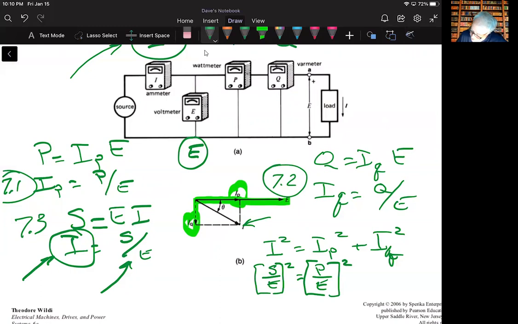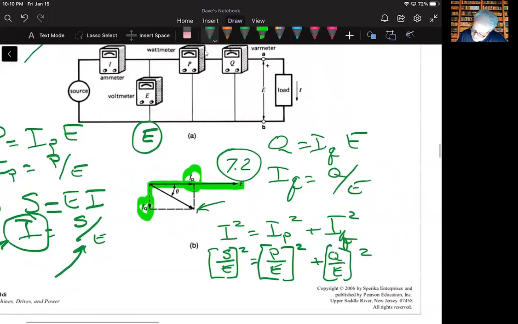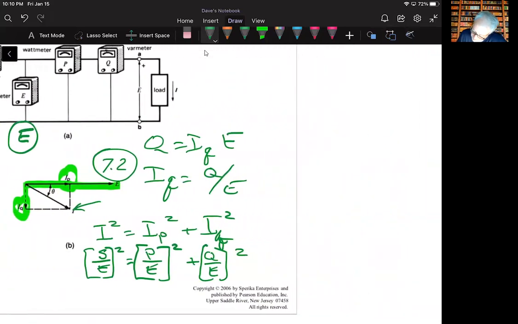And then here again is I sub Q, and we said that was equal to Q over E, and we have to square that. And that becomes something that we can solve, right?